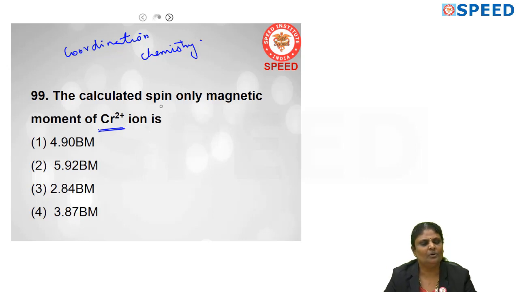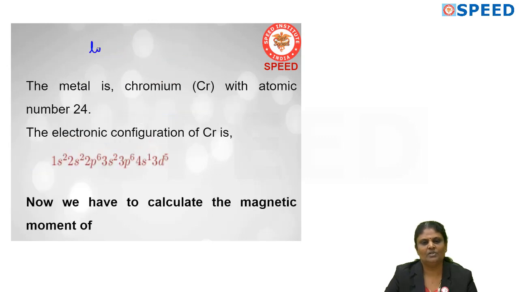Then you calculate the spin only magnetic moment using the formula. I think the correct answer is 4.90 Bohr magneton, because the number of unpaired electrons present in Cr2+ is 4. So you have to substitute this 4.